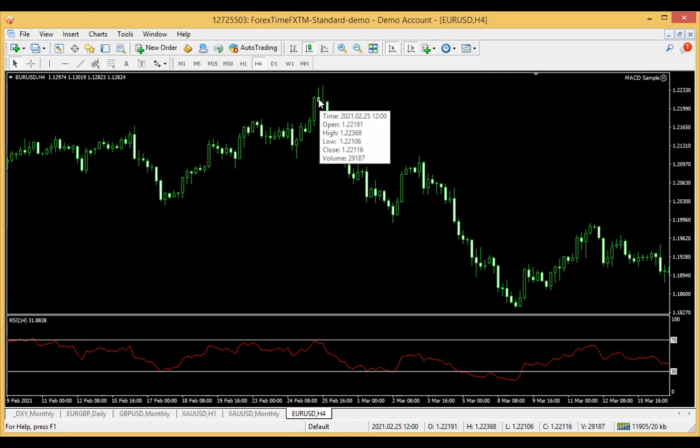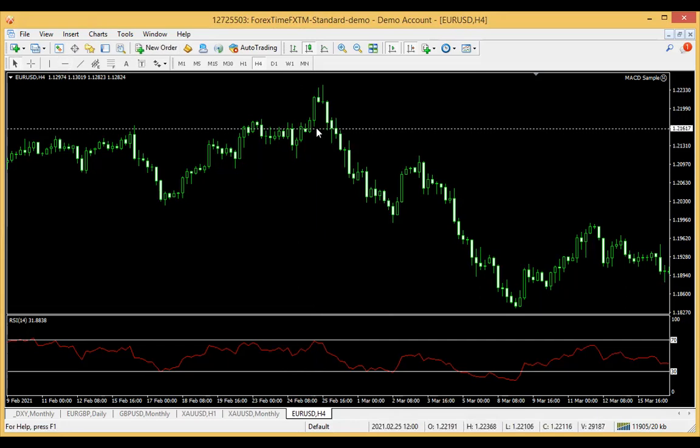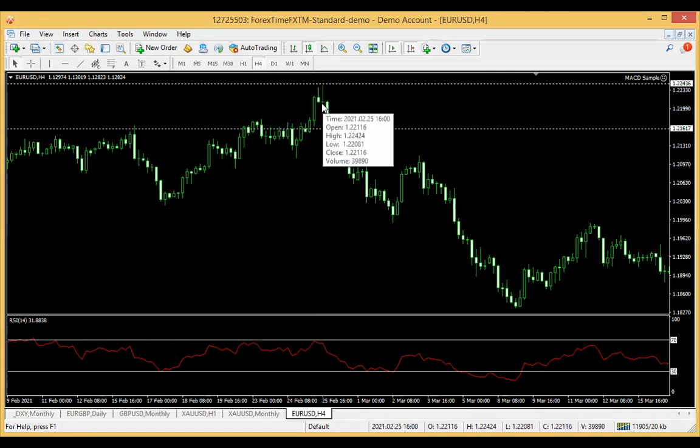As you saw a shooting star, what do you do? You look for a candle that is lower than this shooting star, which is here. Here becomes your entry point, and here becomes your stop loss, because this is the highest peak. This is also a doji, a gravestone doji.